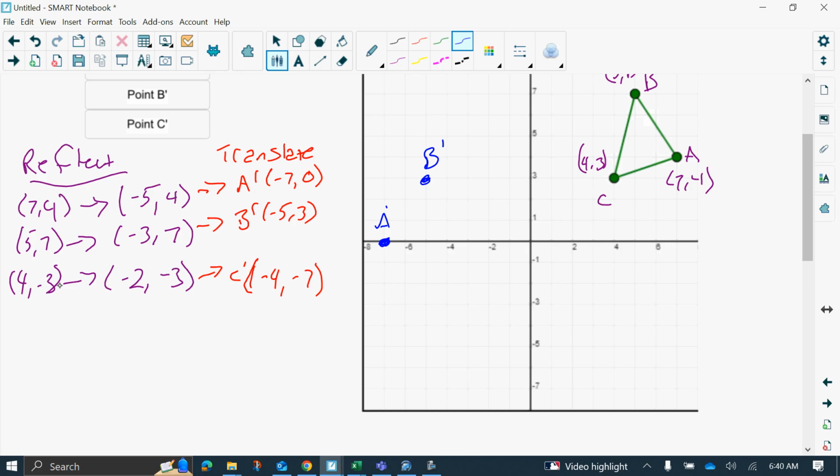And I made a mistake there because that wasn't supposed to be negative 3. And so that should just be negative 1. And so that's what it should look like.